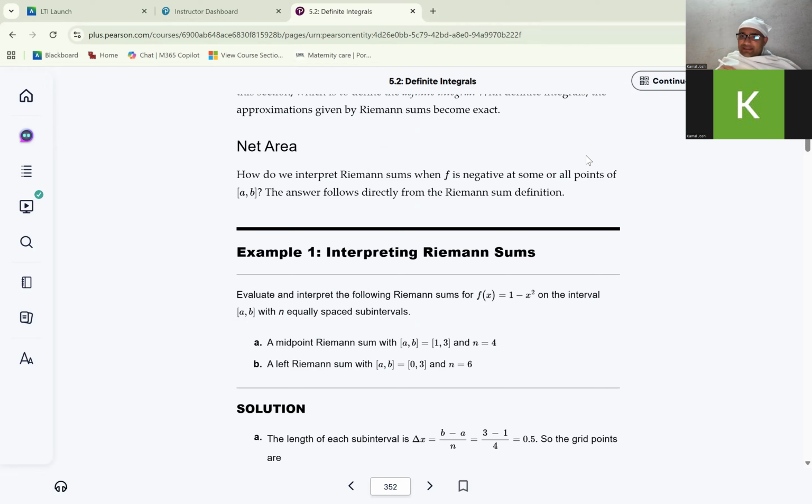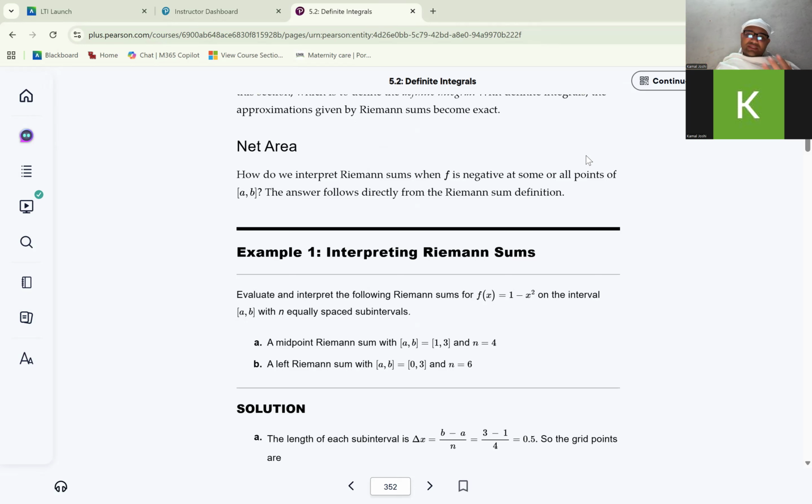Because if I simply multiply the values of x with the values of y, when the curve is below the x-axis, the y values will be negative. When the curve is above the x-axis, the y values will be positive. And as we add the two things, they will cancel out, right? Then what is the integral? What is the area? How do we look at this kind of situation?